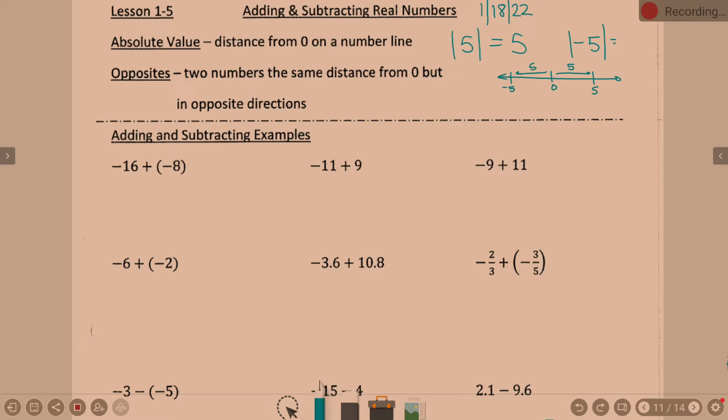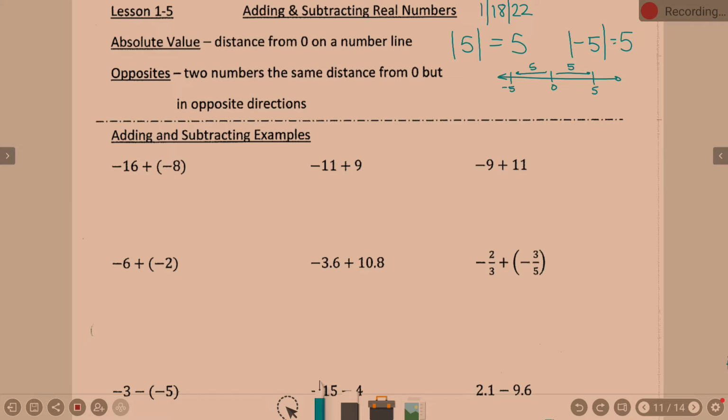So the point that I'm trying to remind you of, basically what do absolute value bars do? It takes a number and makes it positive. So absolute value of a positive stays a positive. Absolute value of a negative changes to a positive. So absolute value always makes something positive. But officially, the definition is distance from 0. Okay, so there's a little bit of review, absolute value. You'll see a little bit of that in homework.